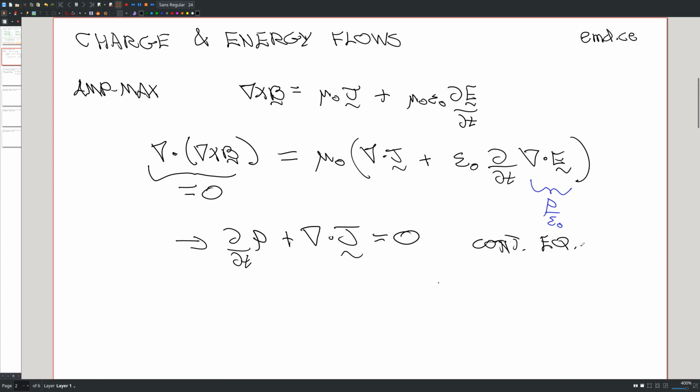So charge conservation at a local level is an inbuilt consequence of the Maxwell equations. We just needed Ampère-Maxwell, and we also used Gauss's law. That's it. This is the kind of magic that you can do with these things.